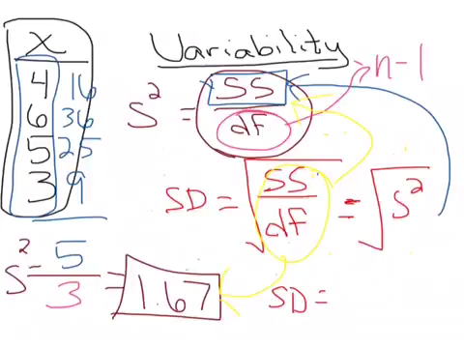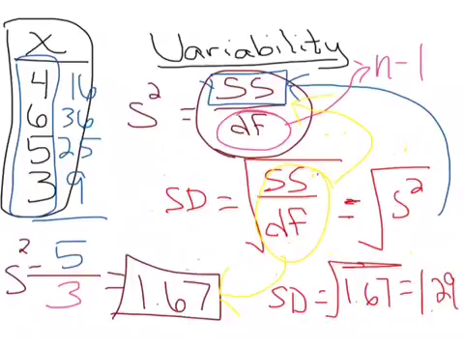So for our case, standard deviation equals the square root of 1.67. If we take that square root of 1.67, we should be getting 1.29, rounded to 2 decimals again.